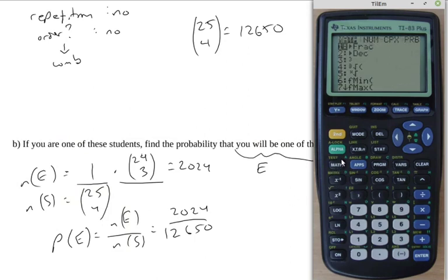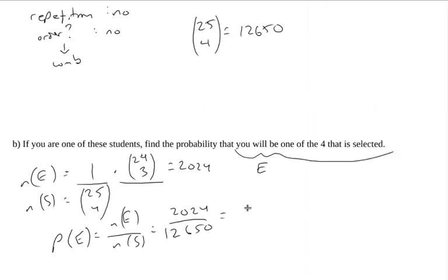If I say convert that to a fraction, it actually reduces it to 4/25. So that definitely can be reduced, but really the 2024 out of the 12,650 is a more telling number. I would rather see your work, this stuff up here, as far as a test is concerned.